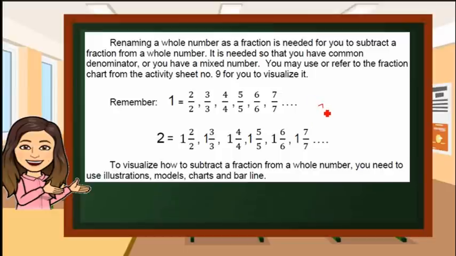So if we have 3 as your whole, it is equivalent also to 2 and 2 halves. That's all you have to write. So you have to change the whole into a fraction.